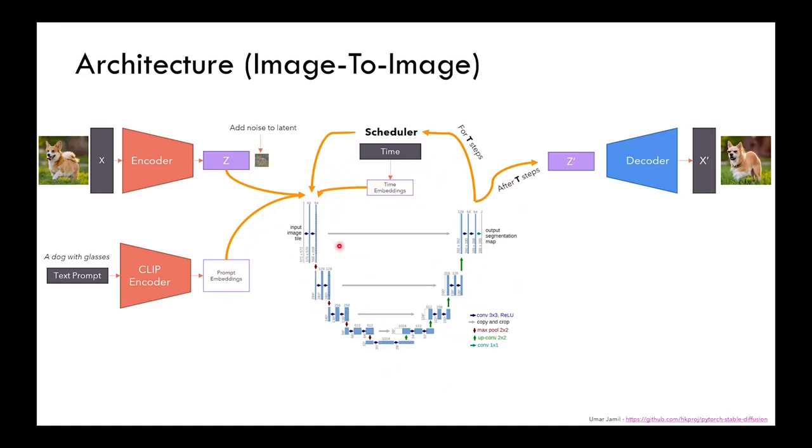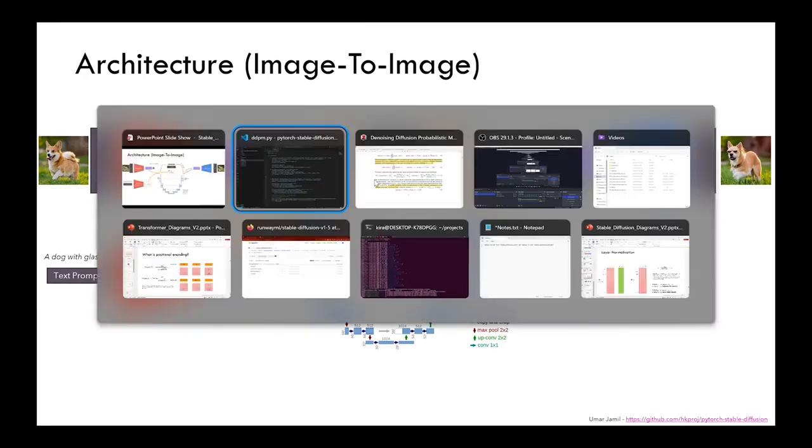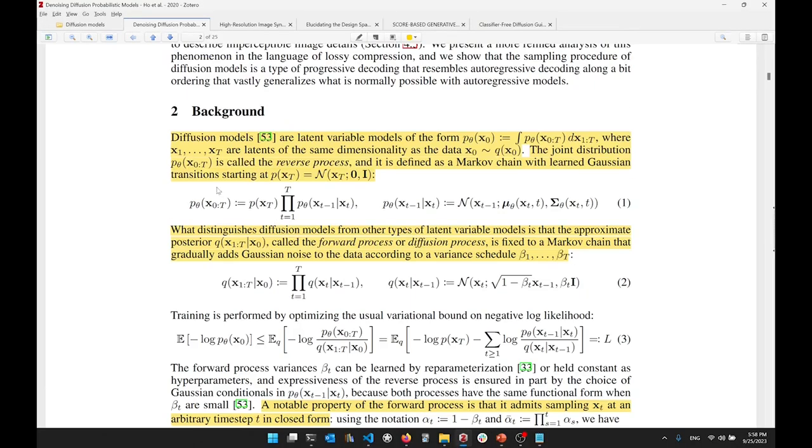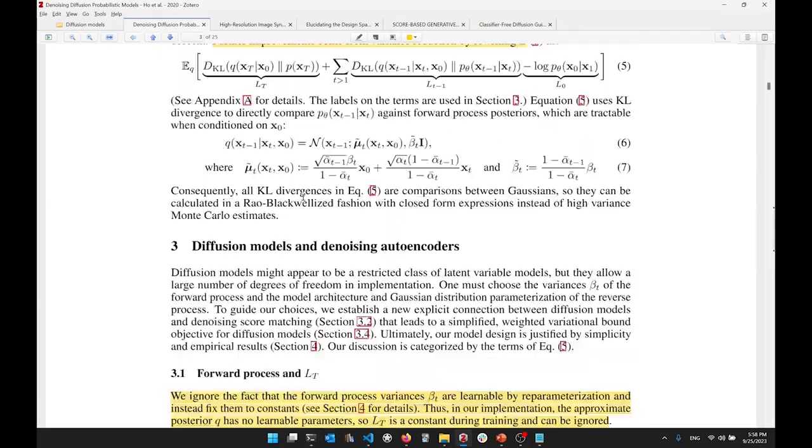So we have this predicted noise from the UNet. We need to remove this noise. The UNet will predict the noise, but we need some way of removing it to get the next latent. What I mean by this is you can see this reverse process here.